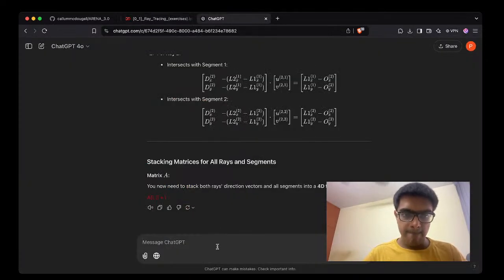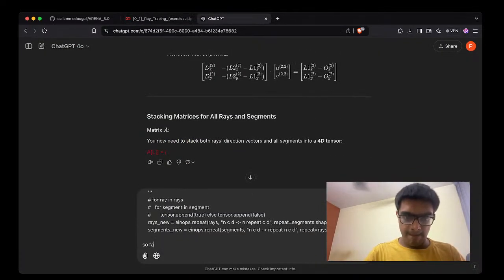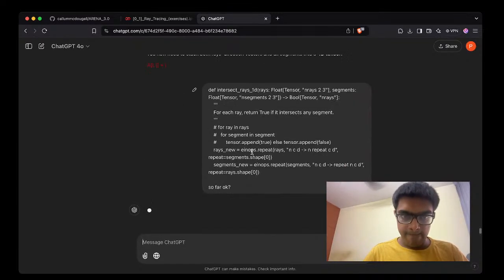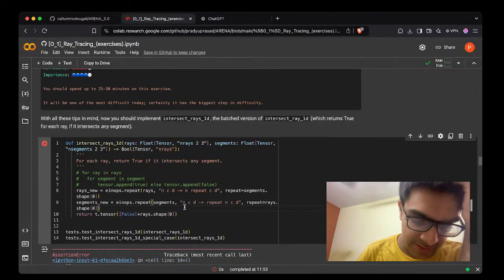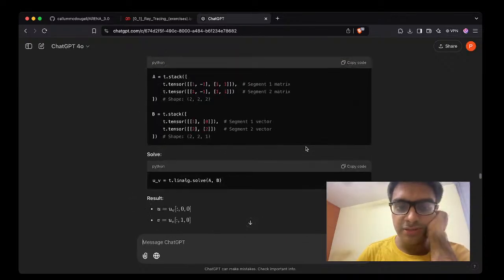Correct, I've done that correctly. Now I just need to find the correct matrix to solve. So what does GPT do in the previous ones?